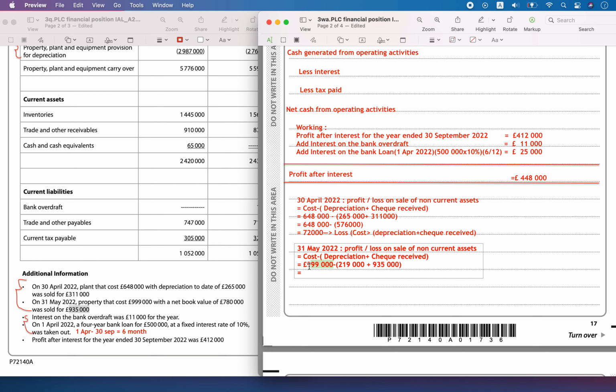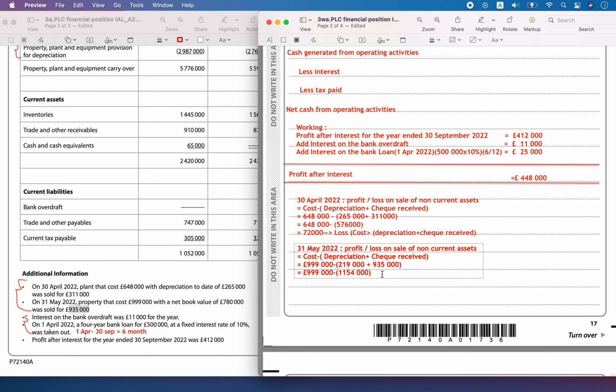So that is going to be 999,000 minus 219,000 plus 935,000. 219,000 plus 935,000 is 1,154,000.